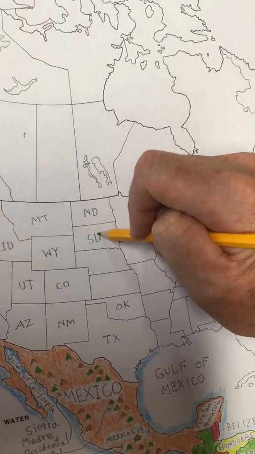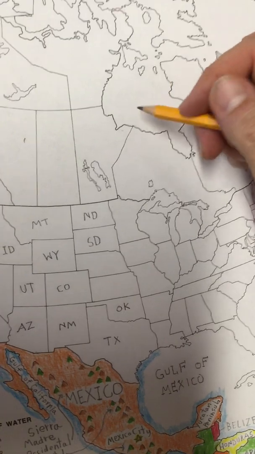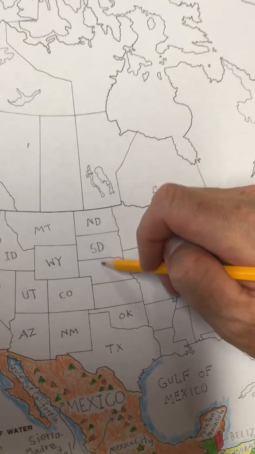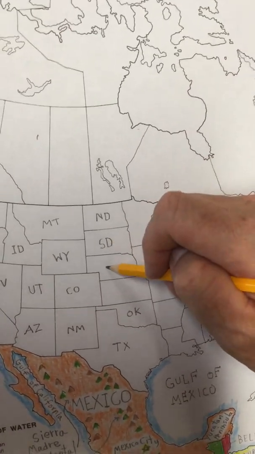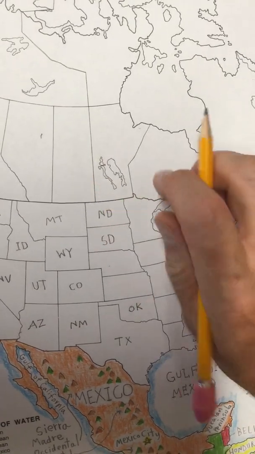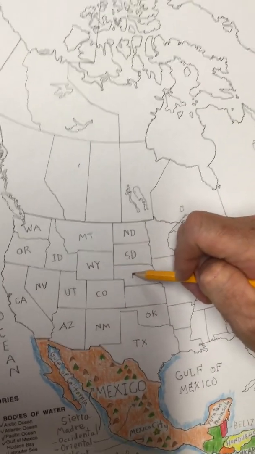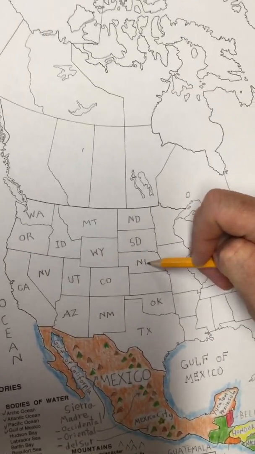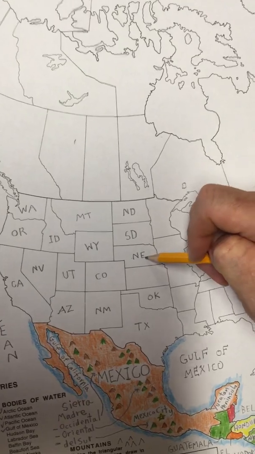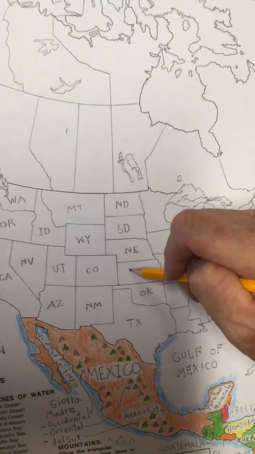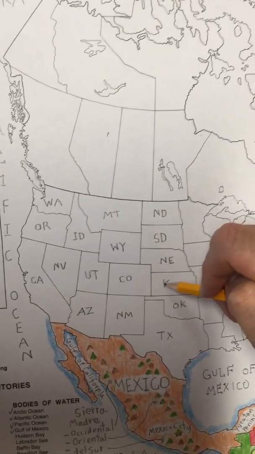SD. Okay. Just south of South Dakota, we have Nebraska, NE for Nebraska. Even though I'm going kind of fast through these states, here's Kansas, KS.